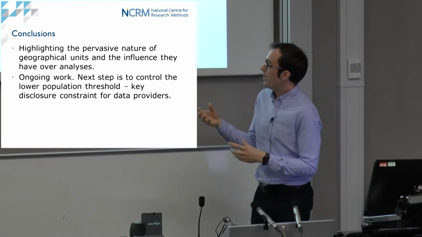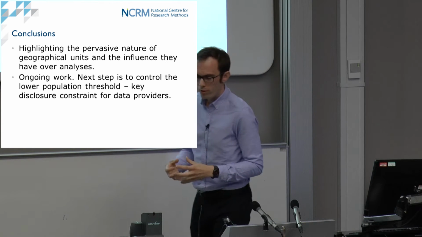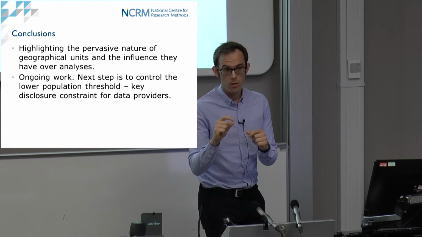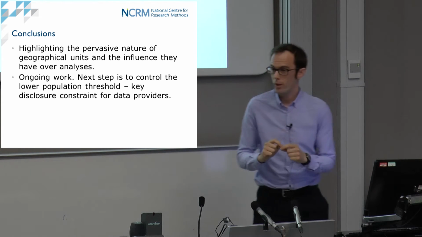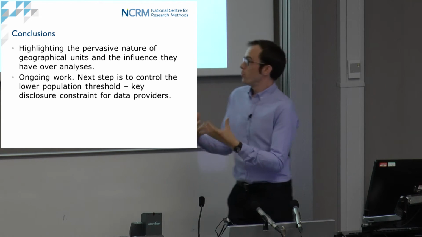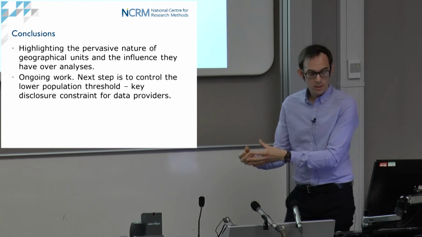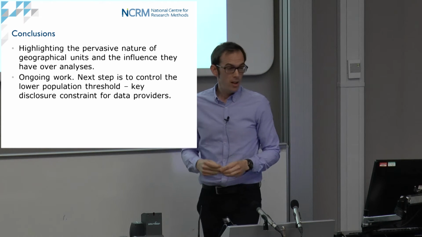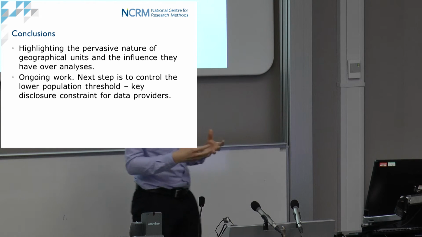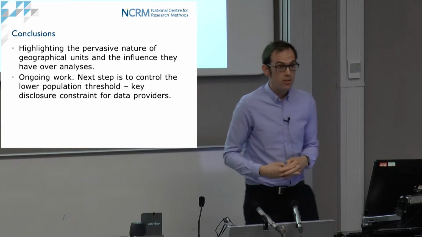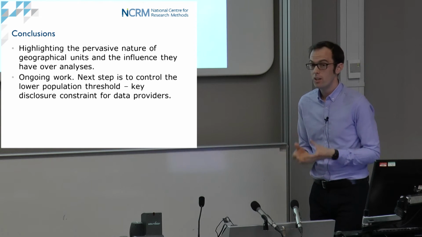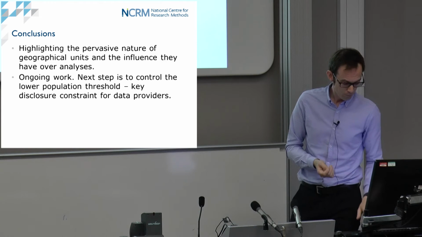The next step is to take more control of the lower population threshold, the minimum population targets which we're working with. For our initial zonations, we've been quite generous, but our next step is to tighten up on that. This is a key disclosure constraint, so control for data providers. It's going to be really important to do some sensitivity analyses around that and see what the changes are.